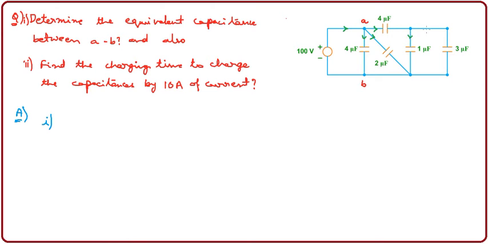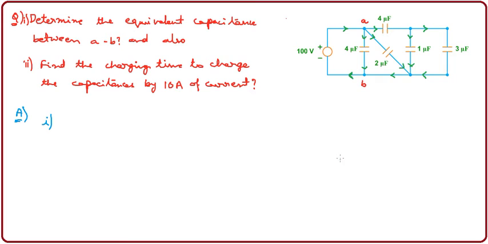After that, it is divided into two parts, and then they are combining here. Similarly, they are combining here also. After that, it is going like this, and later it is reaching this part. So this is the current direction.